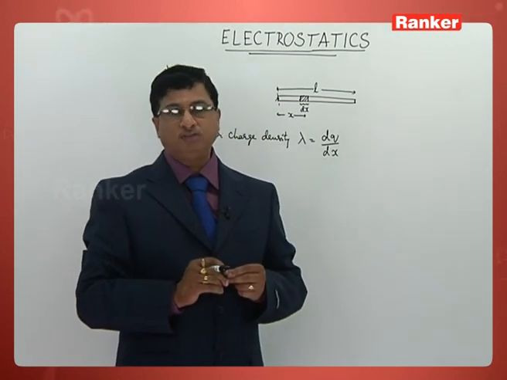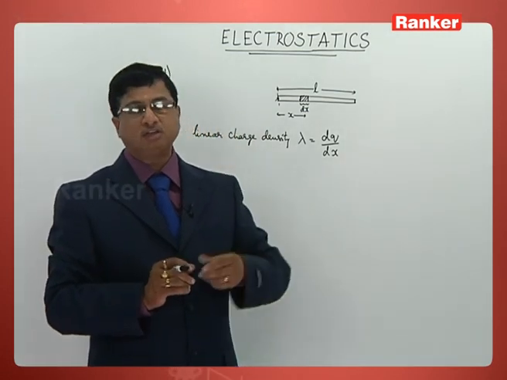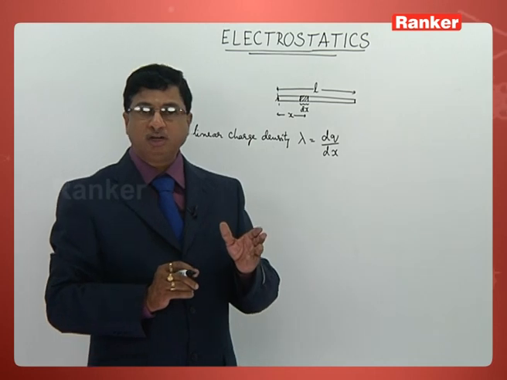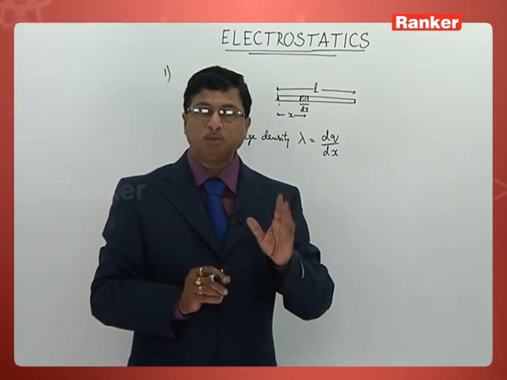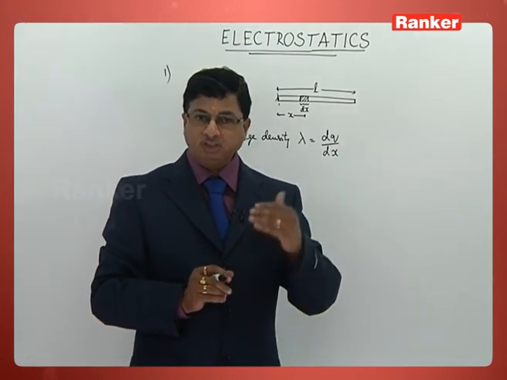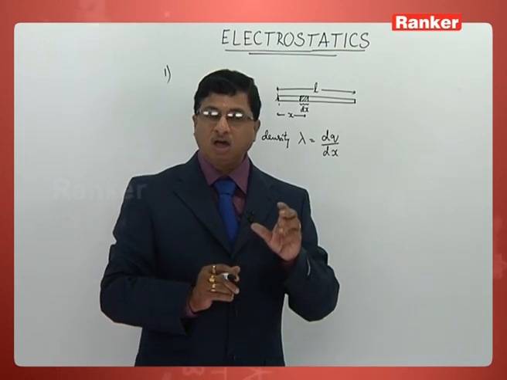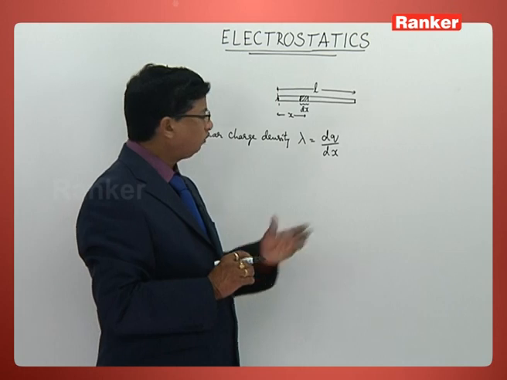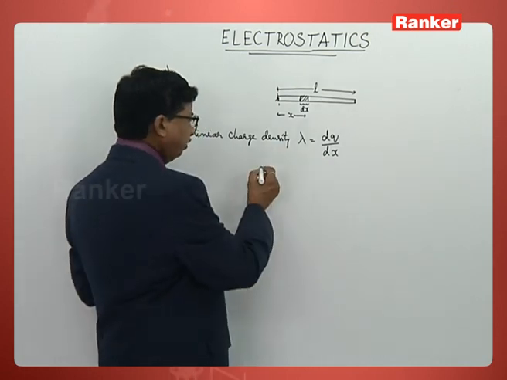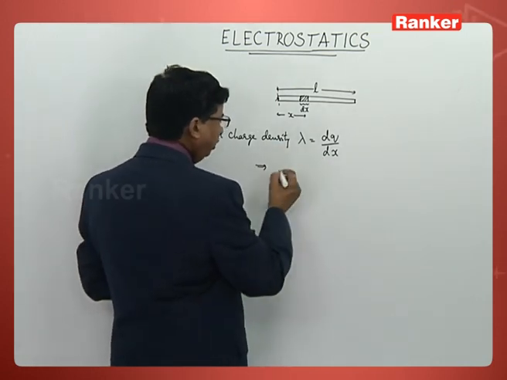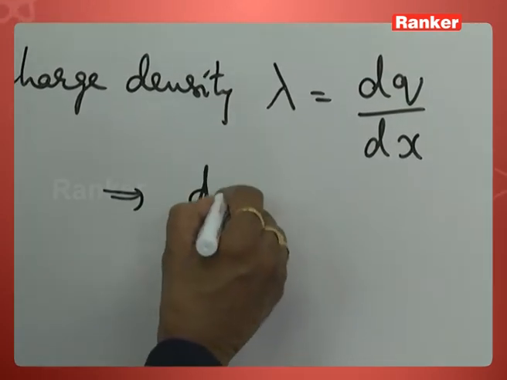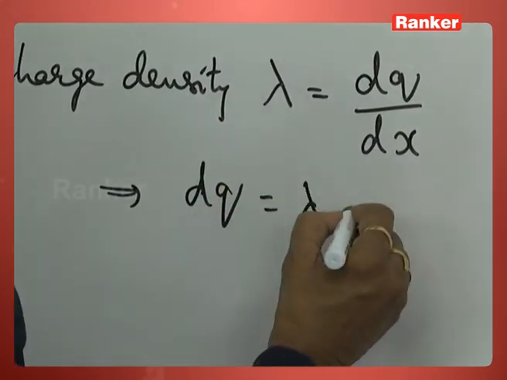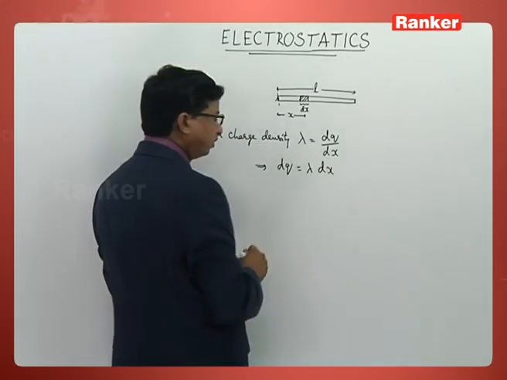Likewise, surface charge density is charge per unit surface area. In this case, we are dealing with linear charge density. So I can directly write dq is equal to lambda dx.